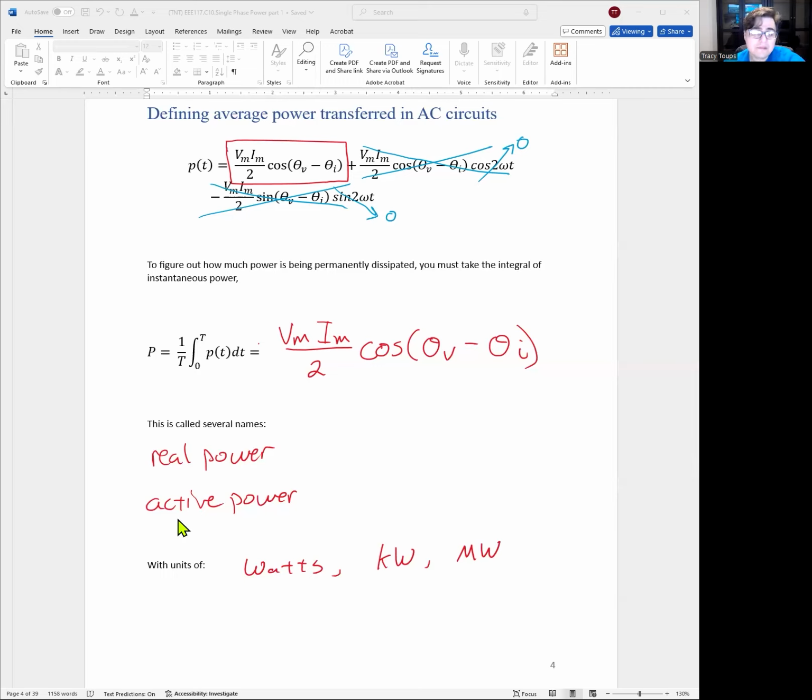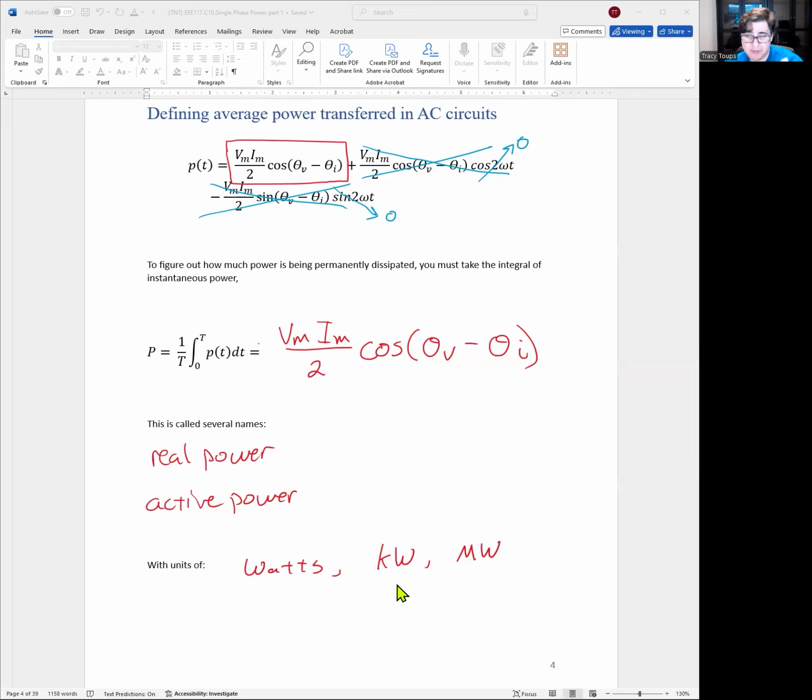Okay. The unit that our average power is measured in is watts, but watts is a small unit, especially in the household. So sometimes we use a kilowatt, which is 1,000 watts. If you're in the power industry and you're generating for a whole neighborhood, you're going to be using some megawatts. A kilowatt is typically for a household.